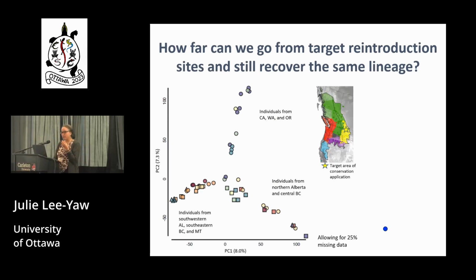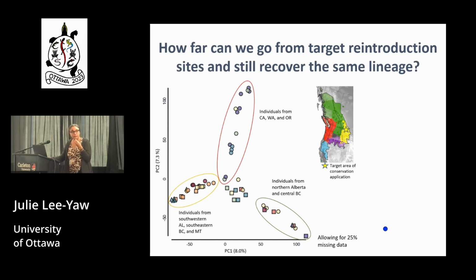Here's a first look at what the genomic data are showing in terms of lineage boundaries. In this plot, the colors aren't that informative. This is a PCA with just axes 1 and 2 shown, so we're looking in genetic space here. I want to walk you through how these different populations, where each dot is a population, are falling out in this genetic space. The groups I have circled in red are individuals from the more western subspecies, so California, Washington, and Oregon.